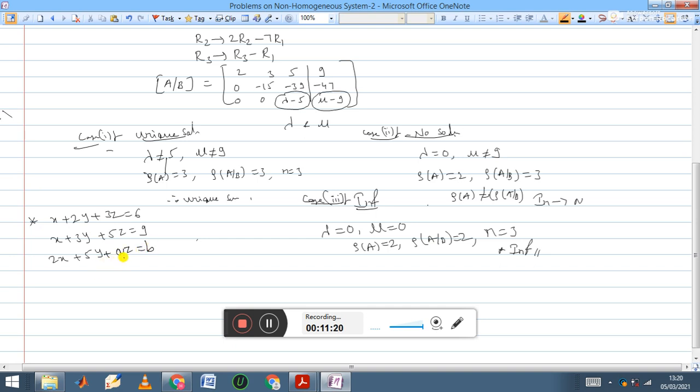See, in the previous problem they gave lambda and mu, but in this problem they give a and b.